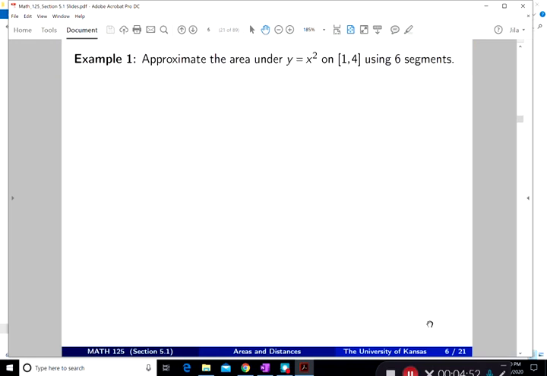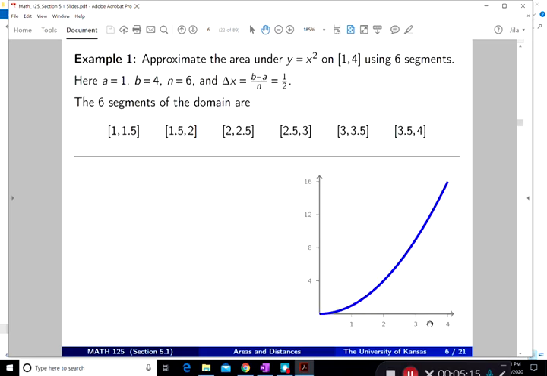Now let's approximate the area under y equals x squared on 1 to 4 using 6 line segments. First step, divide. 4 minus 1 divided by 6 gives us 6 line segments of the length half a unit.